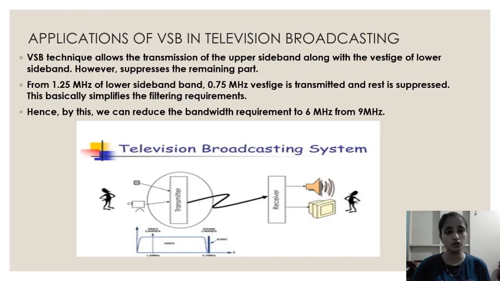From 1.25 MHz in the lower sideband, a 0.75 MHz vestige is transmitted and the rest is suppressed. This basically simplifies the filtering requirements. Hence, by this we can reduce the bandwidth requirement to 6 MHz from 9 MHz.